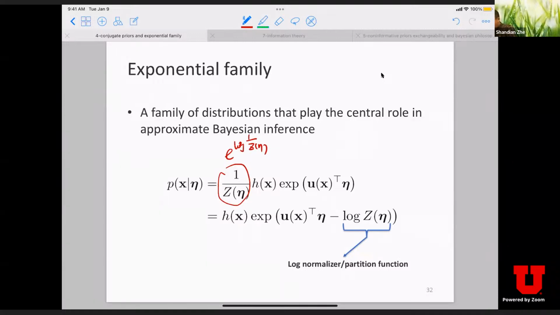Then we get this form: h of x and just one exponential term. The exponent is the dot product between the sufficient statistics and the natural parameters, subtracted by the logarithm of Z of eta. So log Z of eta is called the log normalizer or log partition function, which is very, very important. And you will later see that many properties of the exponential family actually come from or are contained in this log normalizer.